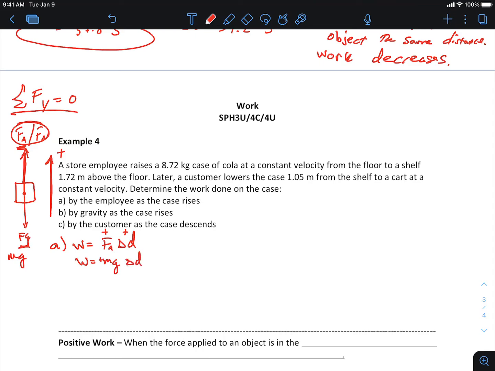But it's positive mg, because it's acting in the positive direction. It's her hand on the box, the normal force. And so the work is the mass of the crate, 8.72, times 9.8, times the change in displacement, from the ground up to the shelf, 1.72. And so the work will be 146.9 joules.